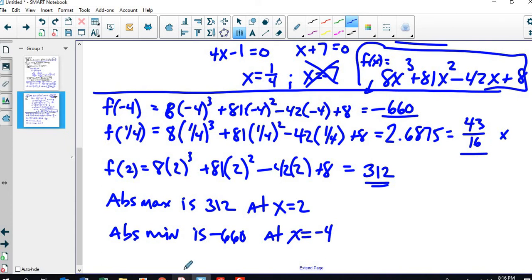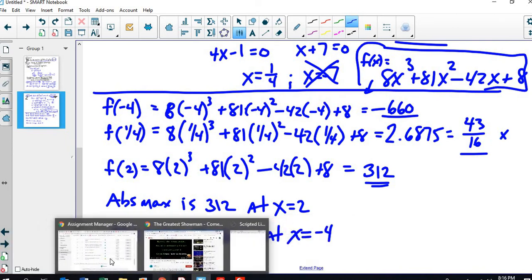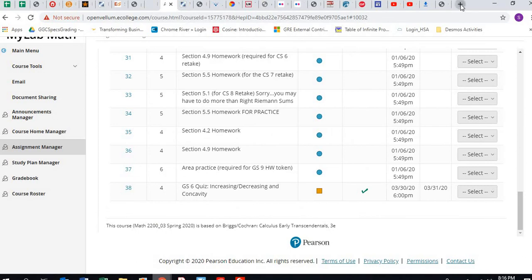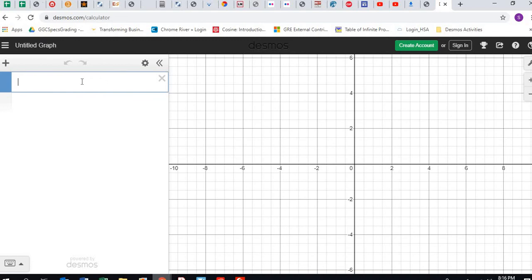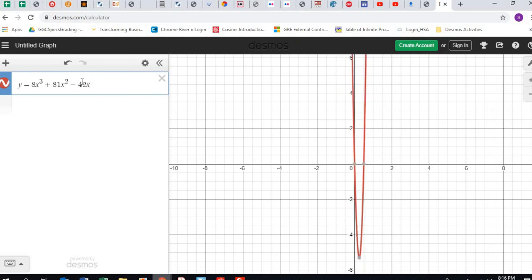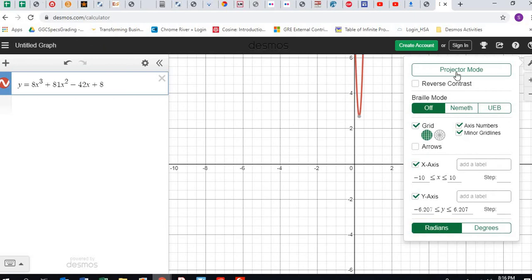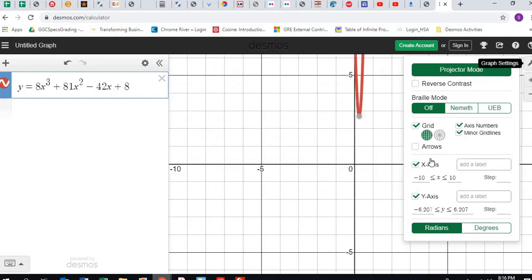And if we go real quickly and pull up a Desmos page, we can take a look at the graph and confirm exactly what we just saw. We're going to type in our function y equals 8x to the third plus 81x squared minus 42x plus 8, and obviously we're going to have to really change our axes here.